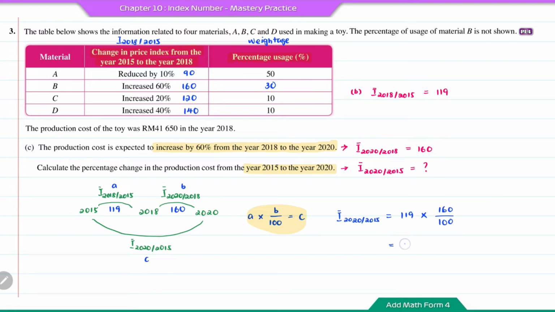The answer of this will be 190.4. As the composite index here is more than 100, it means there will be an increase when compared to the base year. So the percentage change here will be 190.4 minus 100, which is equal to 90.4%.